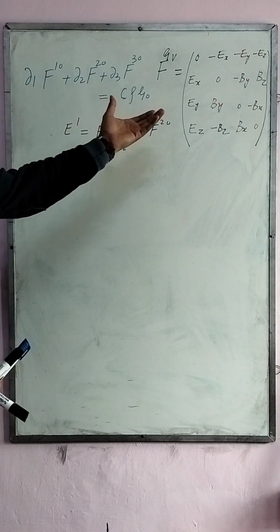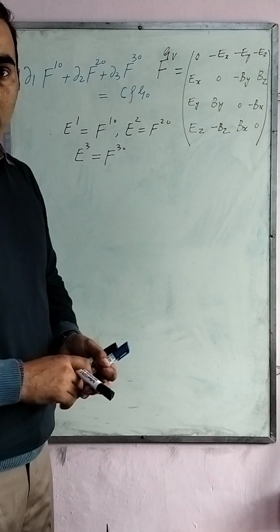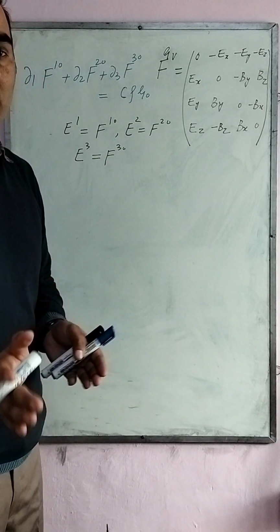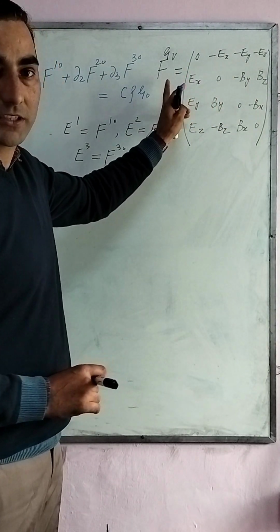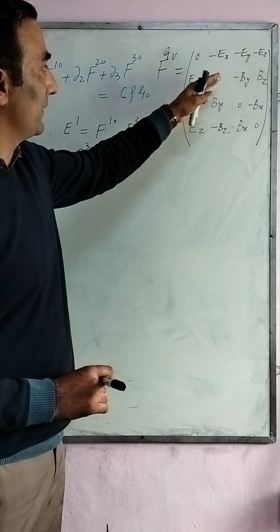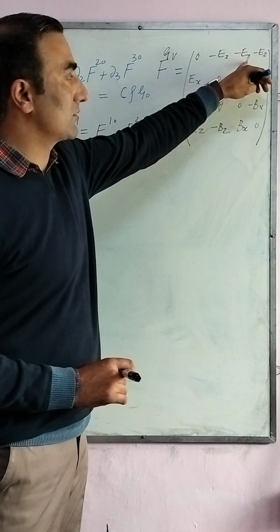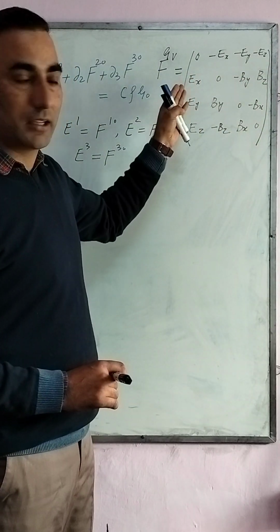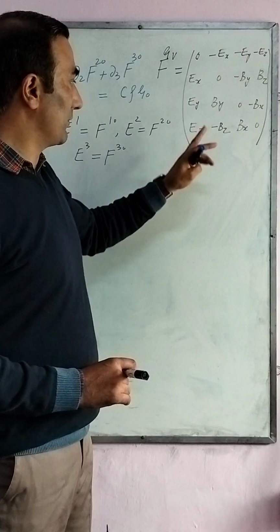And as I already told you, this electric field, when you go from one inertial frame to another inertial frame, changes sign. If you write the covariant form of this F tensor, only the electric field will change sign. So you can have plus Ex, plus Ey, and plus Ez, and minus sign on these elements, minus E1 and minus Ez.